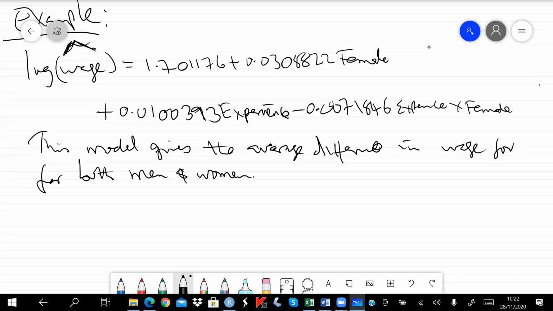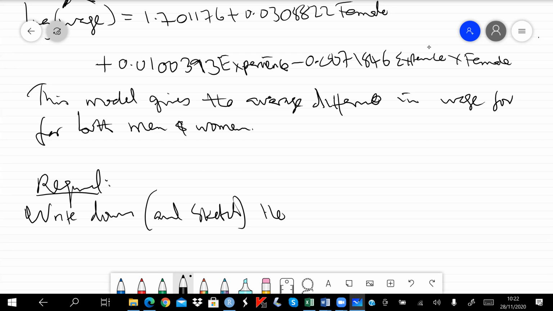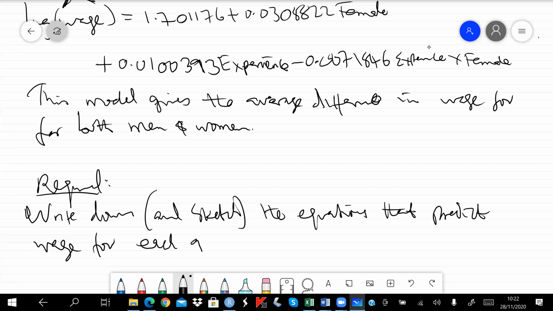Okay, and you're told to do this. Required: write down and sketch the equations that predict wage for each group, that is women and men.